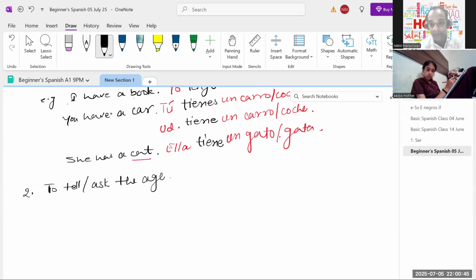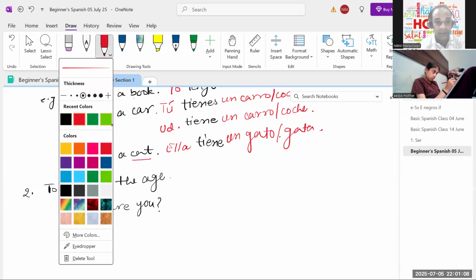That you use the verb tener to tell and ask for age? Yes. Okay. You remember that. Good. So, for example, if you want to ask the age of someone, in English you say, how old are you?